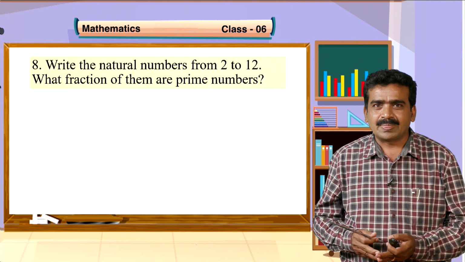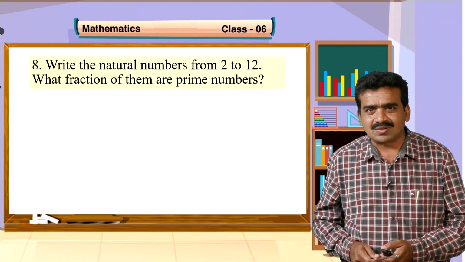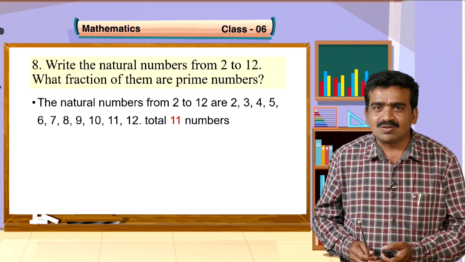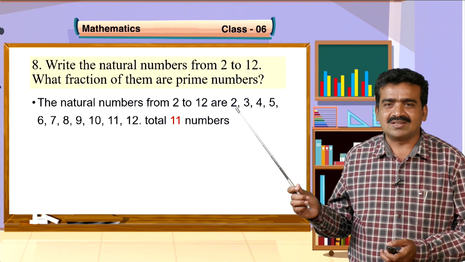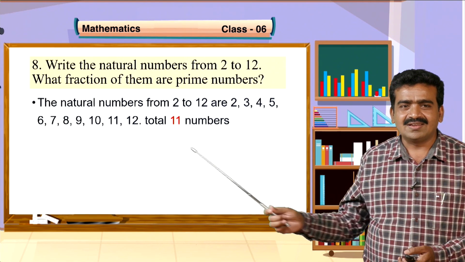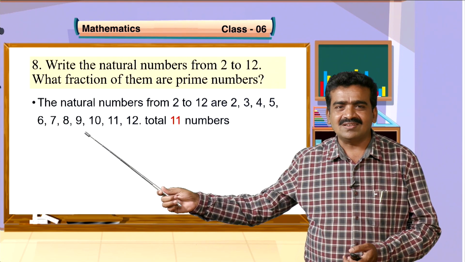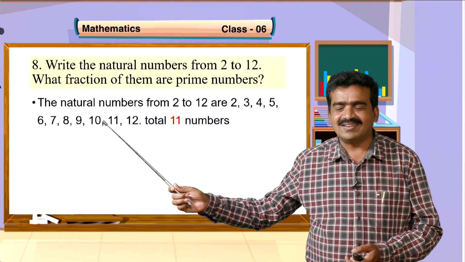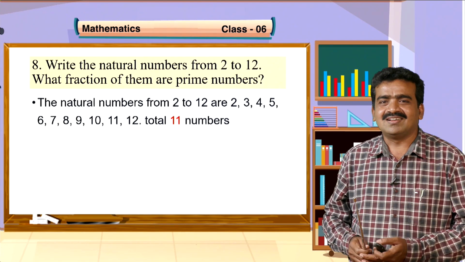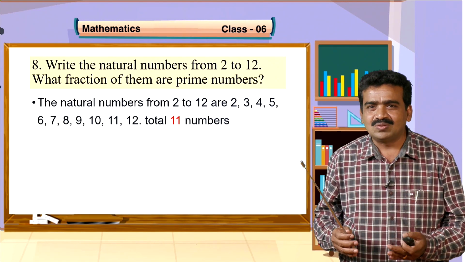Take the book and pen and start to write the numbers from 2 to 12. Which numbers are you going to obtain? Very good, my dear students. 2, 3, 4, 5, 6, 7, 8, 9, 10, 11, 12 are the numbers from 2 to 12.